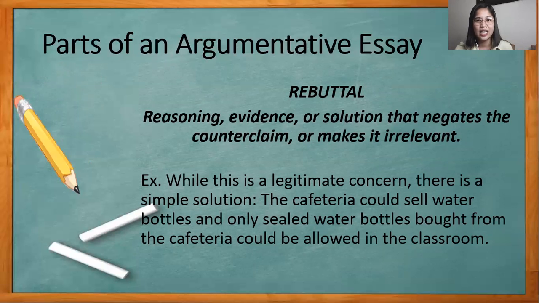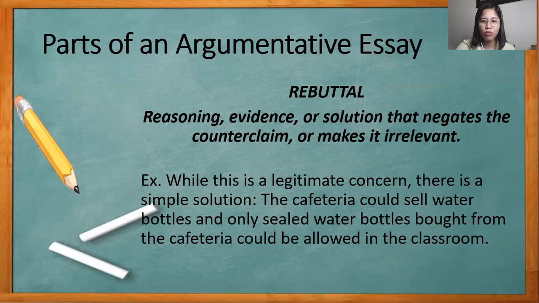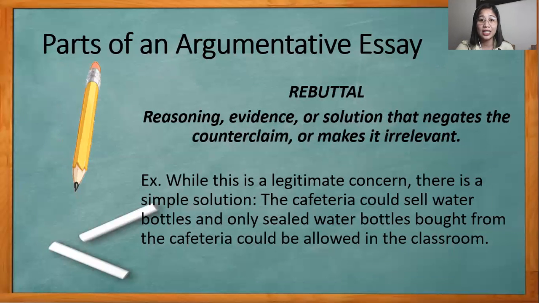So that is the solution that will make our counterclaim irrelevant, that will make our counterclaim unimportant or not useful. So that makes the fifth part of our argumentative essay, which is the rebuttal.